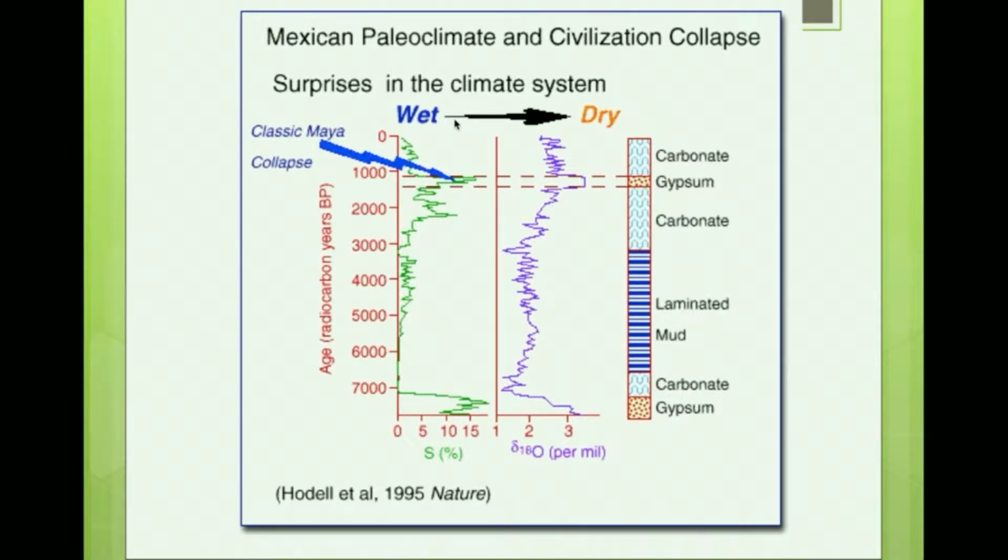This is suggestive of a couple of things: a sudden shift towards a drier climate, and if the Mayas indeed relied on agriculture, this would certainly explain a very quick decrease in agricultural production that could generate a collapse in population. So it could have been a combination of things. It could have been a drought and essentially an inability to grow food through agriculture.